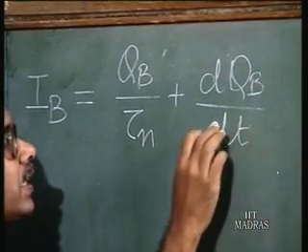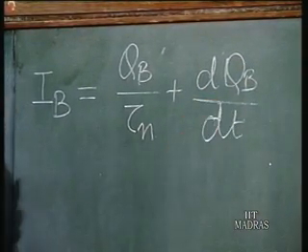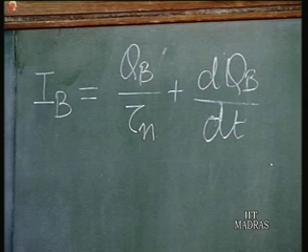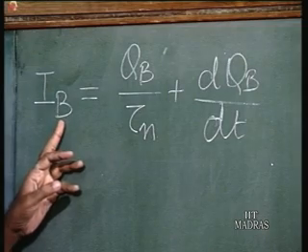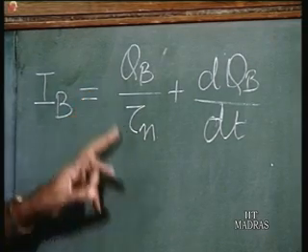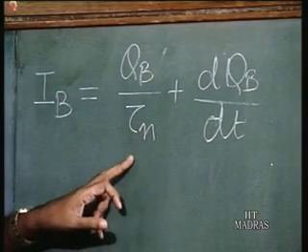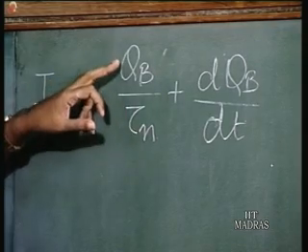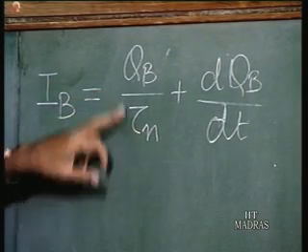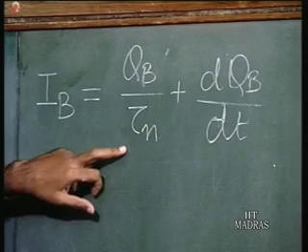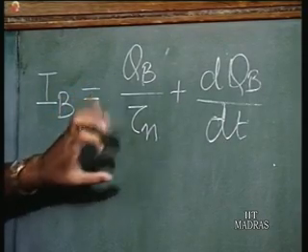This relation we have already seen when we discussed the diode. So, if you understood a diode, it is very easy to understand the operation of a transistor. So, this is the recombination in the base, and that is proportional to the excess base charge divided by lifetime.